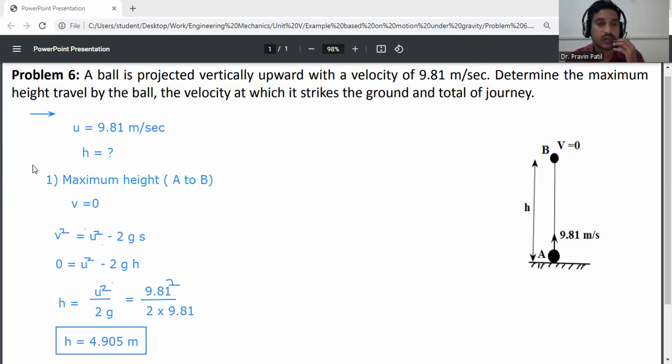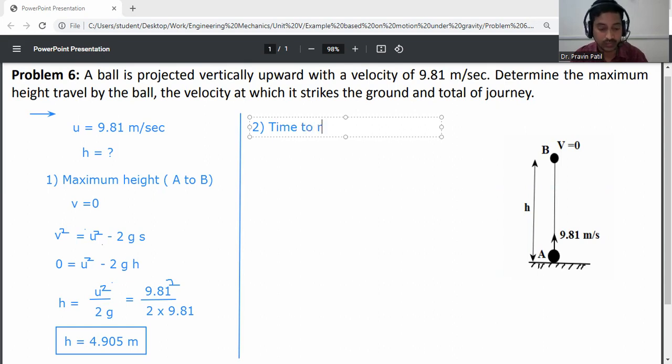Then the second question: the time required to reach the ground.